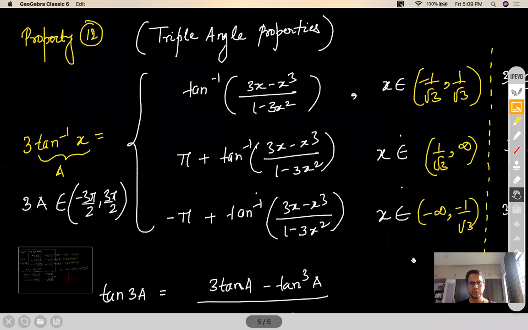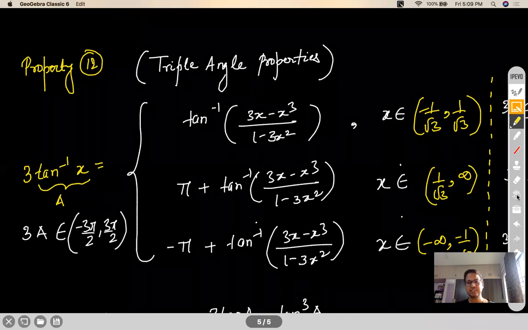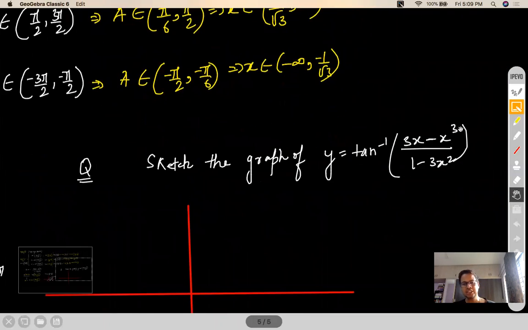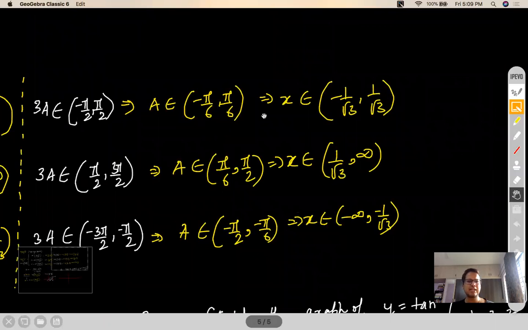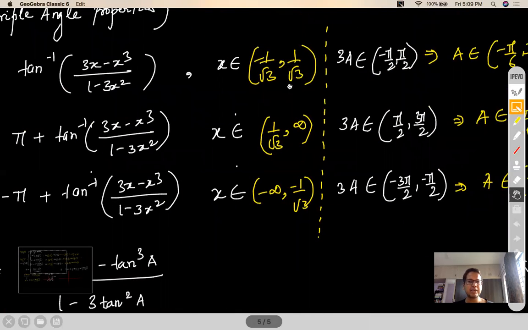So guys, let me tell you here also one very interesting observation. This function which I've asked you to plot is also an odd function. So if you're able to plot the graph for at least these two intervals, minus 1 by root 3 to 1 by root 3 and 1 by root 3 to infinity, then the third one will automatically come from the fact that we are dealing with an odd function.